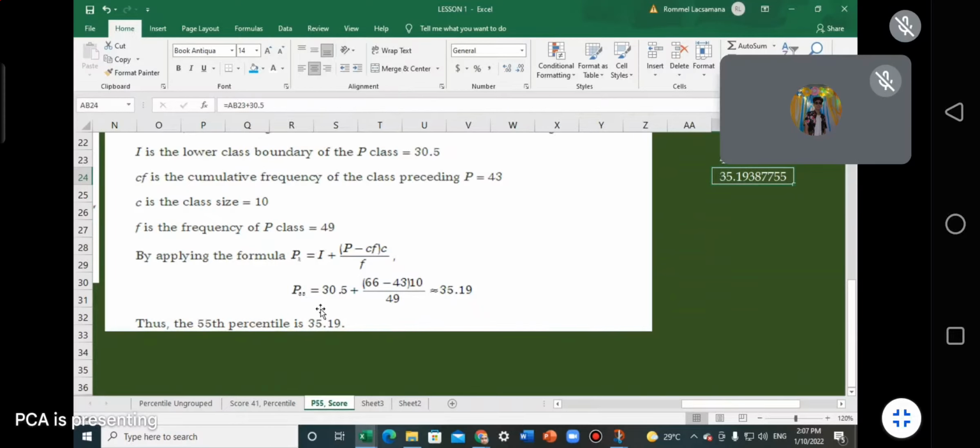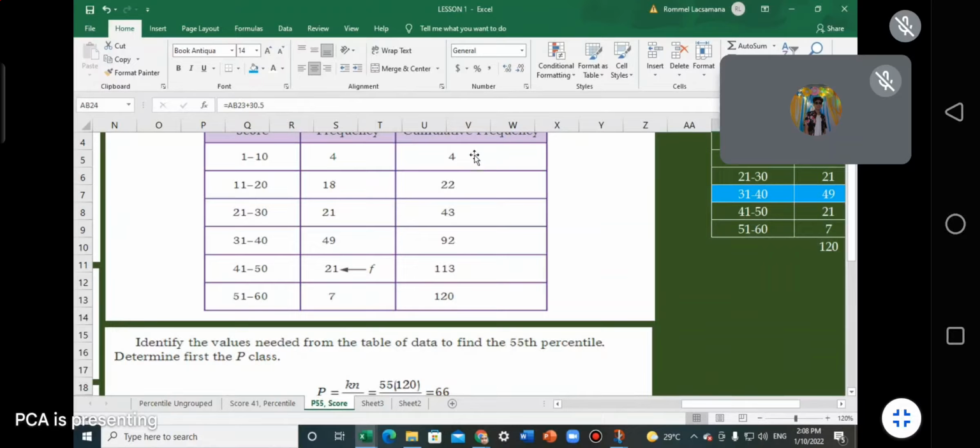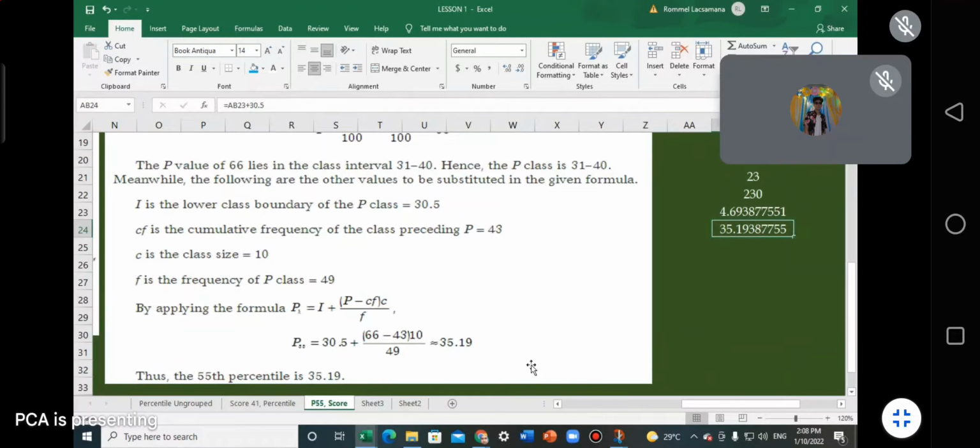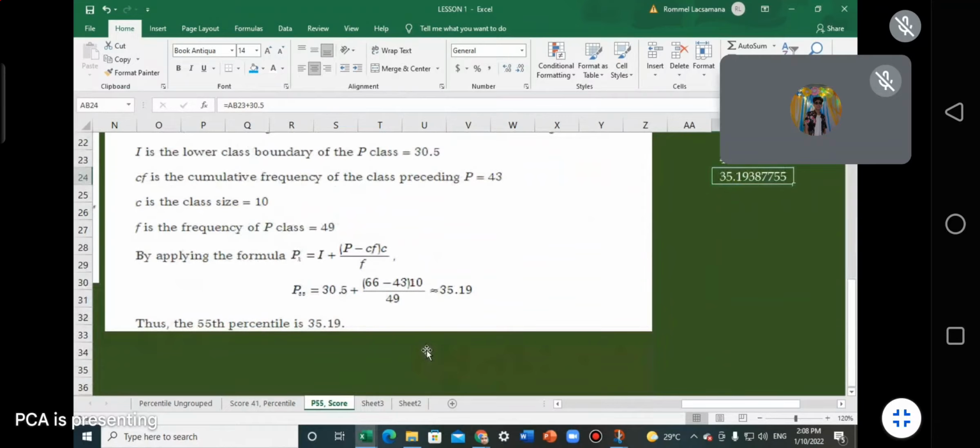So the score for the 55th percentile rank is 35.19.